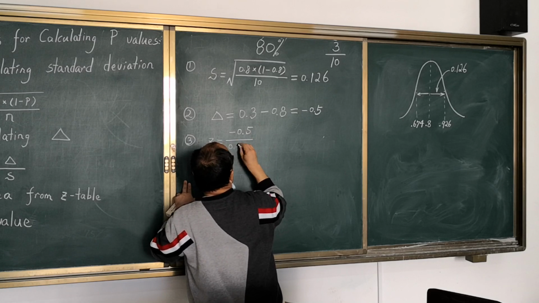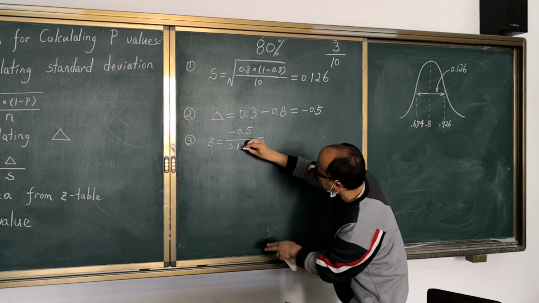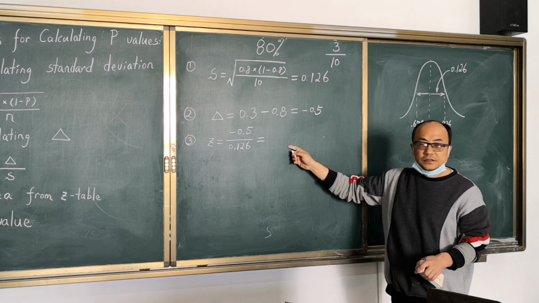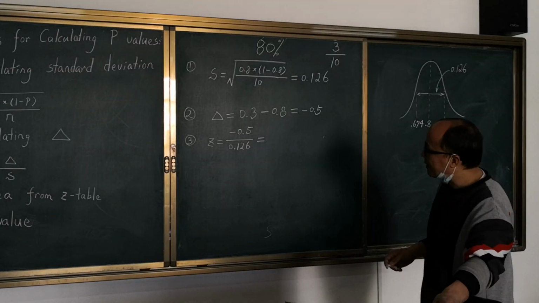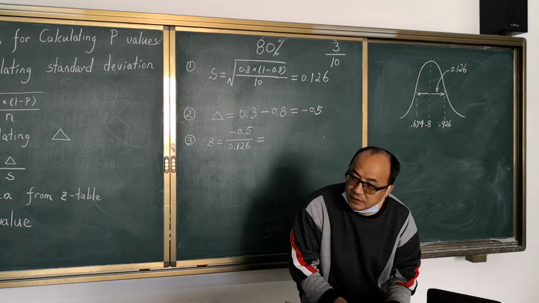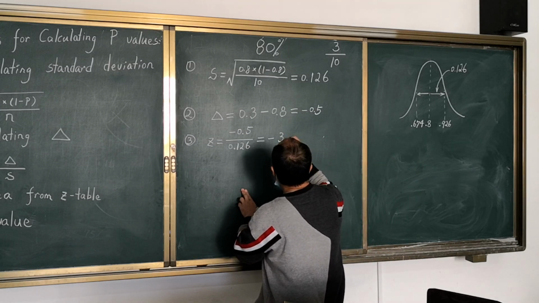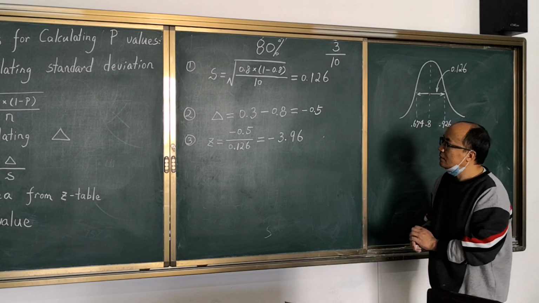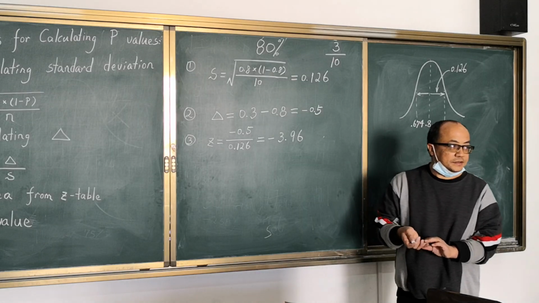So 0.126 is not a critical integer. It's okay. Okay, we got the z-score.